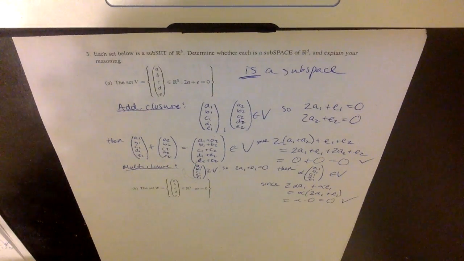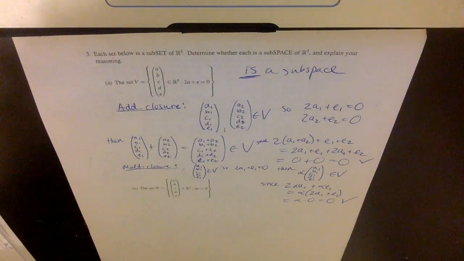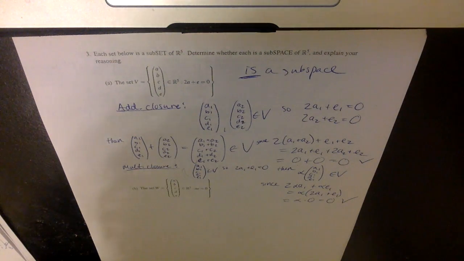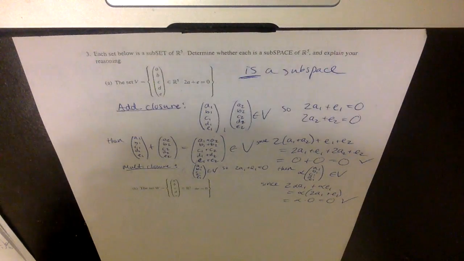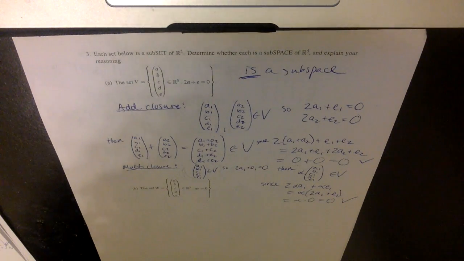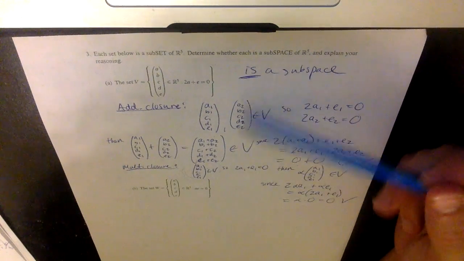Okay, the second set is the set where the product of the first and last components is 0. So all the 5-vectors where the first component times the last component is 0. Now this isn't going to be a subspace. One way you can get some intuition for whether something is going to be a subspace is to start trying to write out what it would mean.